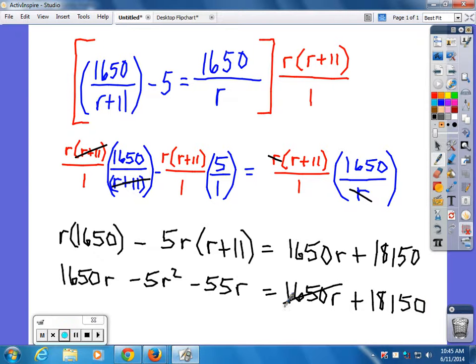And the 1650s cancel. That leaves you with negative 5r squared minus 55r equals 18,150.